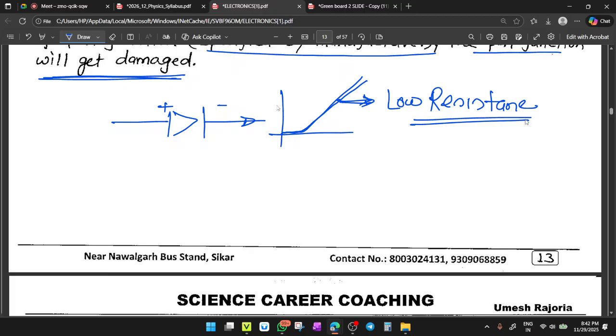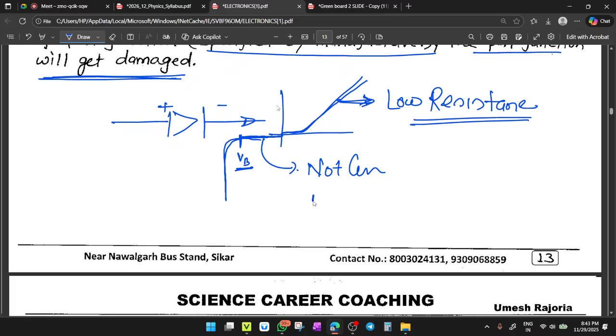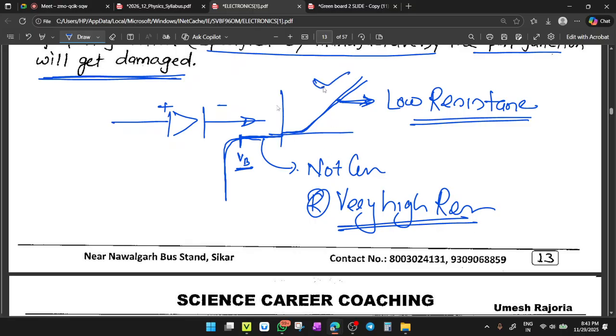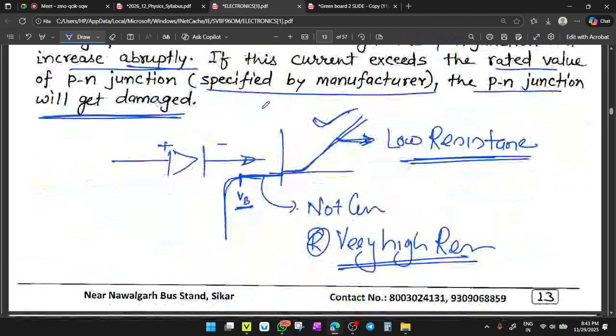It offers a very low resistance during forward bias, but in reverse bias, it offers very high resistance, up to here, before we come to the limit of breakdown. So here the very small amount of current means the diode is almost not conducting, or you can say very high resistance. Clear? So two conditions are there. First is very low resistance and second is very high resistance.